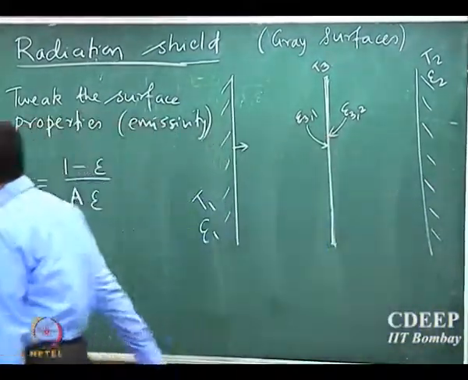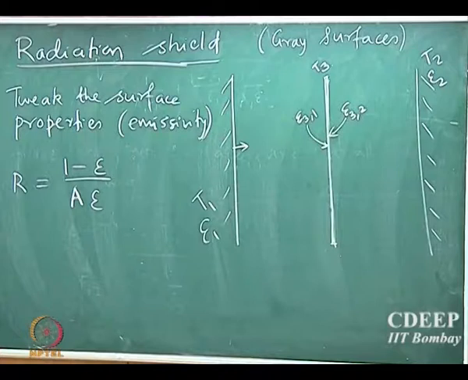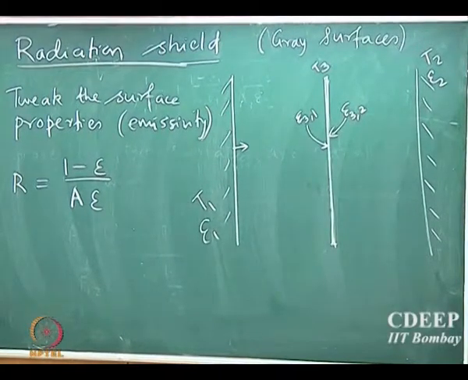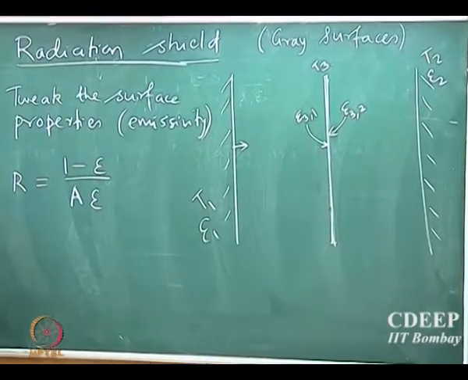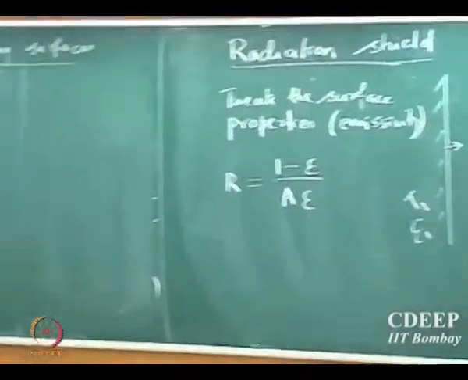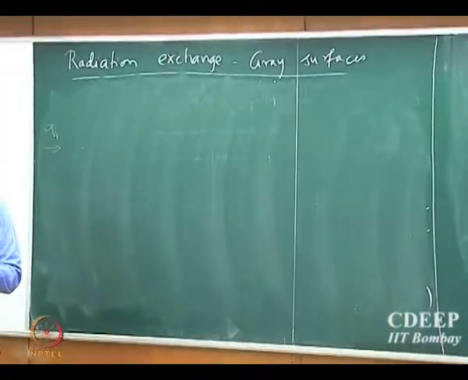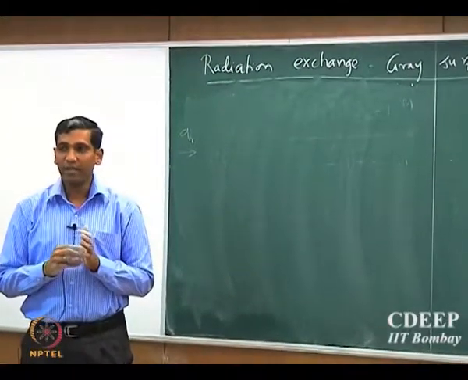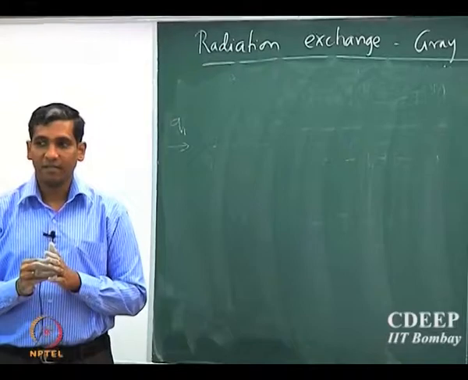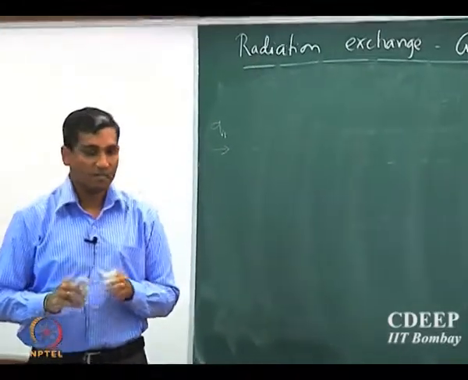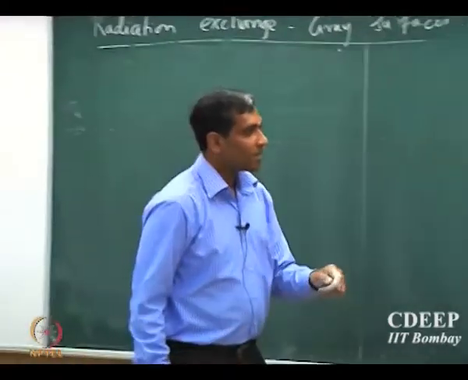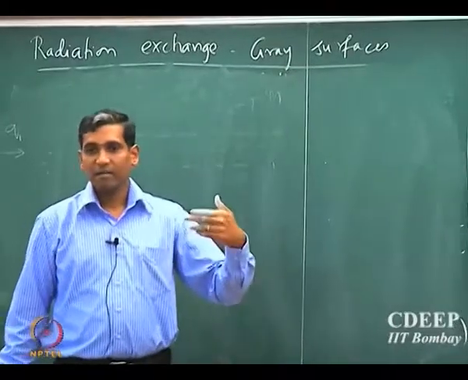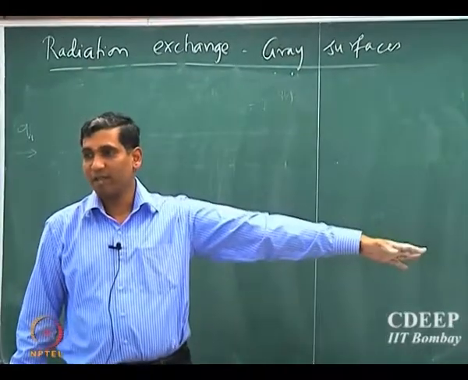So, if you want to characterize this, we can now use the resistance network concept. How many resistances are there for this system? 6. What are they? Okay. So, there is one resistance for radiation that is emitted by surface 1.